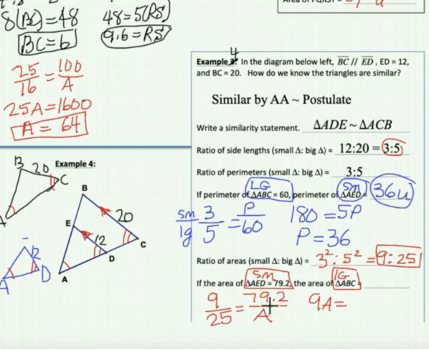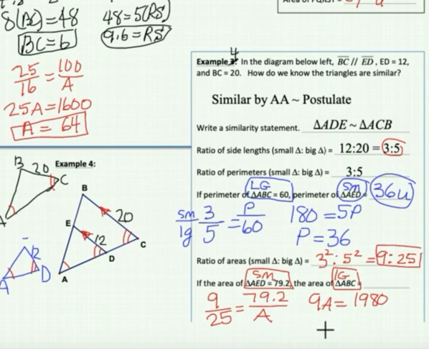and set that equal to 79.2 times 25, which gives me 1,980. And now, to get A, all I have to do is divide each side of the equation by 9.